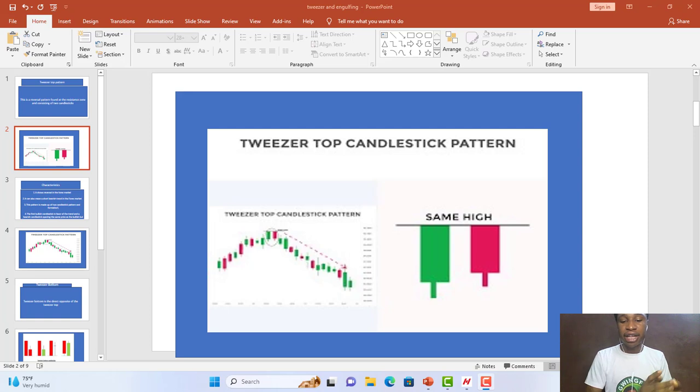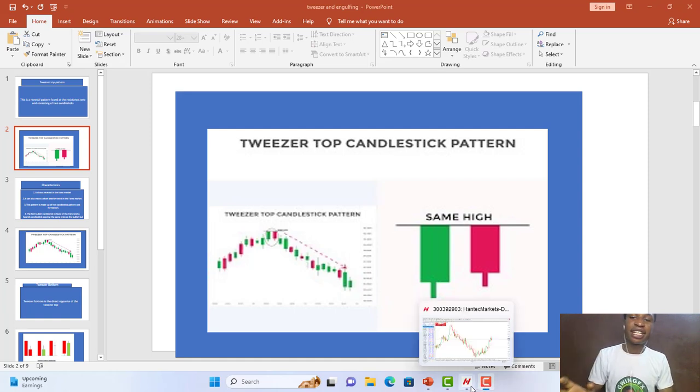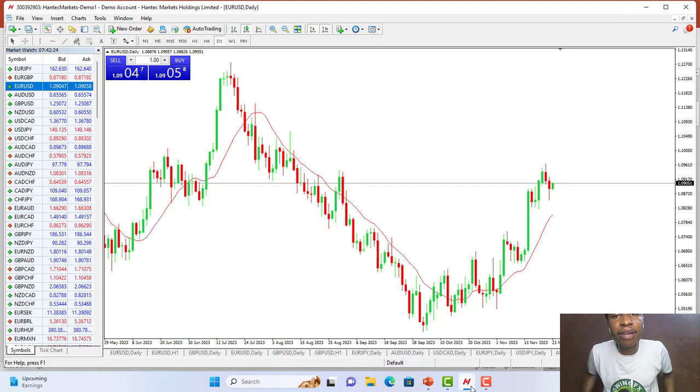You see how important the other candlesticks are, right? So that's how important this particular candlestick I'm about to talk about today is. You can't trade profitably without the use of candlesticks, because that is the hallmark of price action.